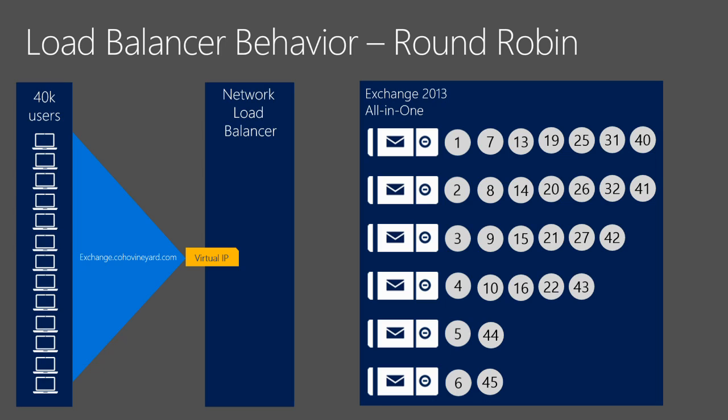And the reason this happens is your Exchange connections are different than web traffic. Take for a moment web traffic. When I'm trying to serve up a web page, that connection goes to a server, gets that data, completes that request, and completes a transaction with the web browser. It's a very, very fast operation.